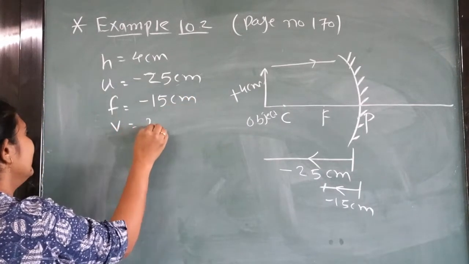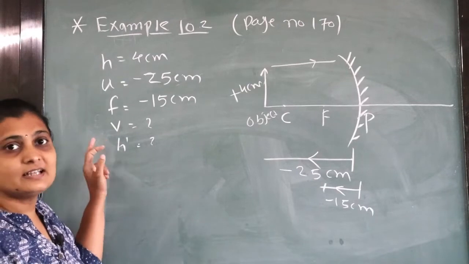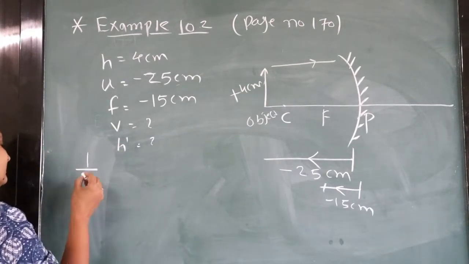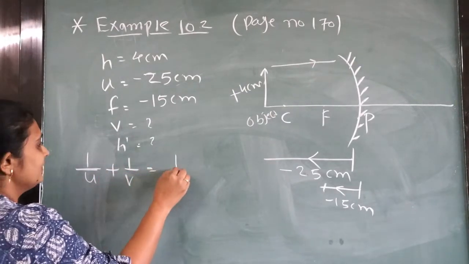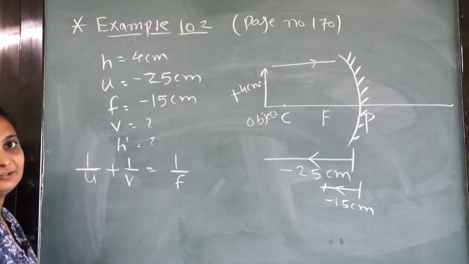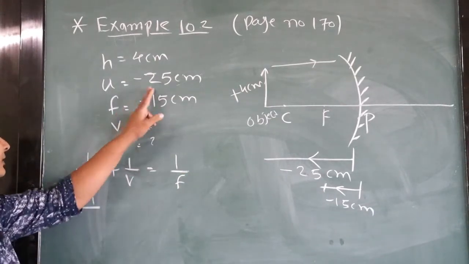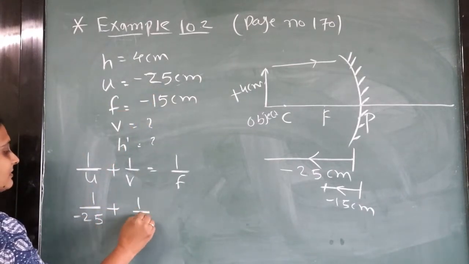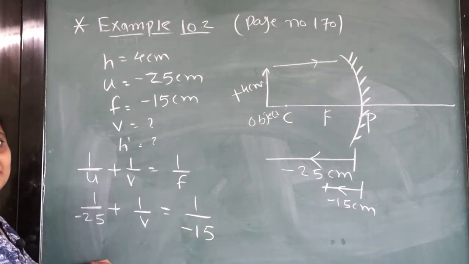We have to calculate v and h dash, image distance and image height. We use mirror formula 1 upon u plus 1 upon v is equal to 1 upon f. Putting all the values, 1 upon minus 25 plus 1 upon v is equal to 1 upon minus 15.